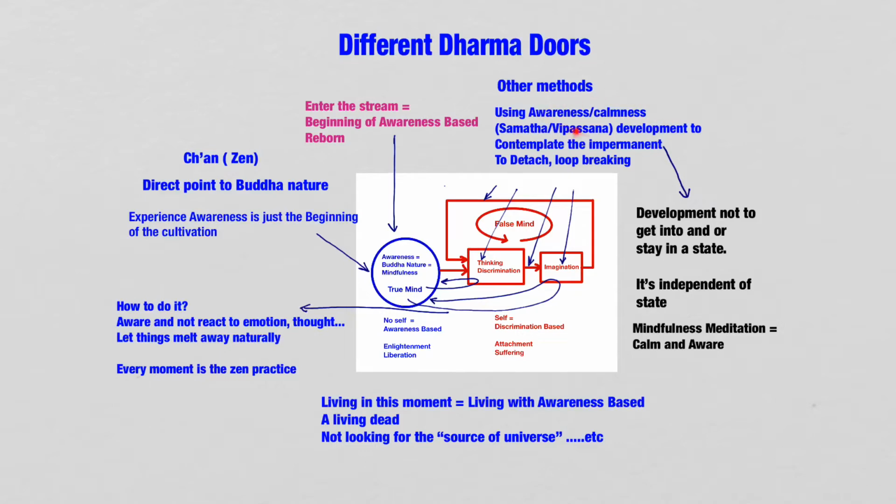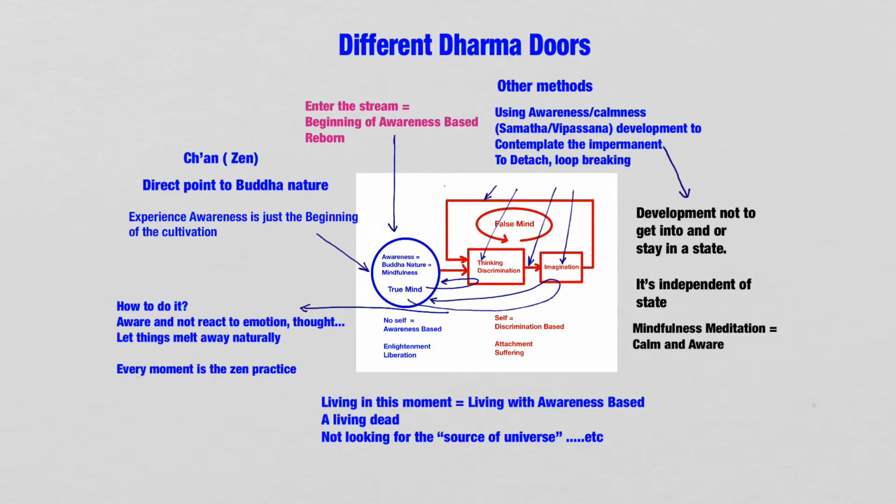And when one has reached a certain level of awareness and calmness development, one can go in here at any time, because we are still human here. So you have a human who operates like this, and practices the awareness and calmness, or samatha vipassana. One develops it, and contemplates the impermanence using this development.